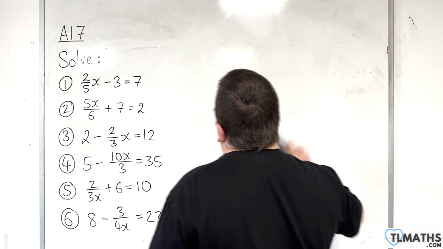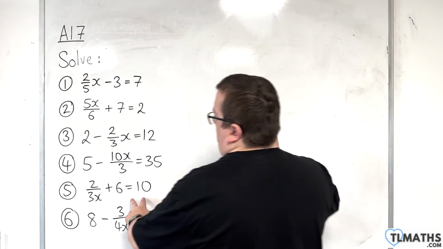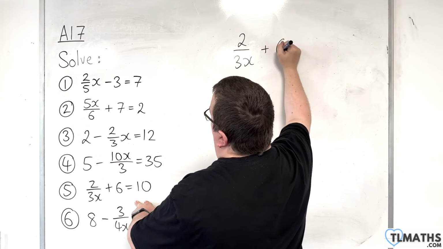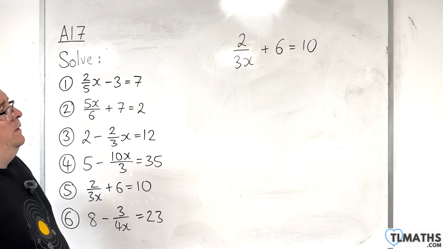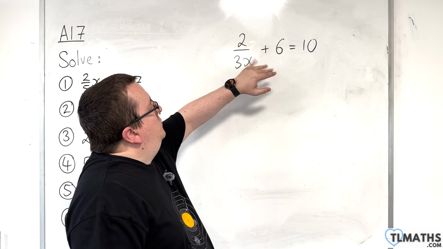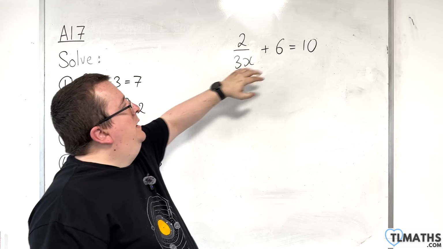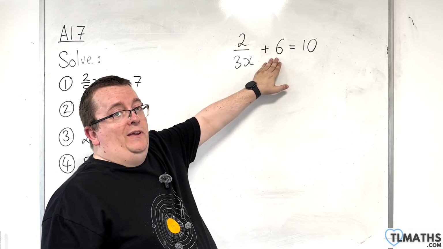Okay. Number 5. 2 over 3x plus 6 is equal to 10. Okay, so we've got 2 divided by 3x, so that's division, and we've got plus 6, that's an addition. So let's get rid of the plus 6 first.